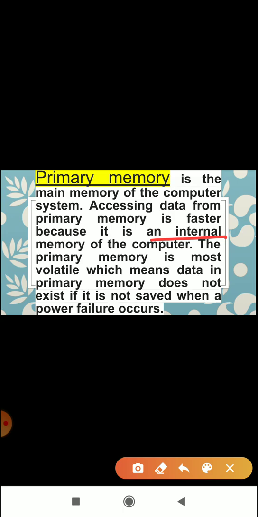The primary memory is volatile, which means data in primary memory does not exist if it is not saved when a power failure occurs. What is the meaning of this line? It means that if you have not saved your data, the data will not be there in your system when you switch off the computer. Got it?